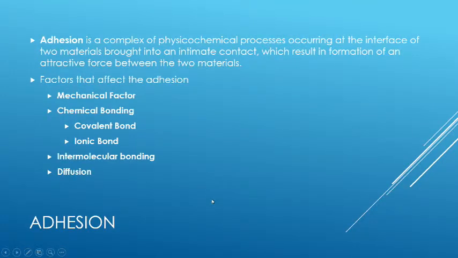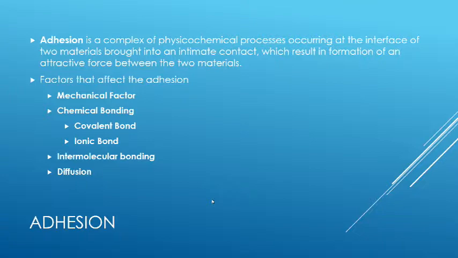Adhesion. Adhesion is a complex of physical and chemical processes occurring at the interface of two materials brought into intimate contact. It will form a very strong attractive force between the two materials. There are several factors affecting adhesion.